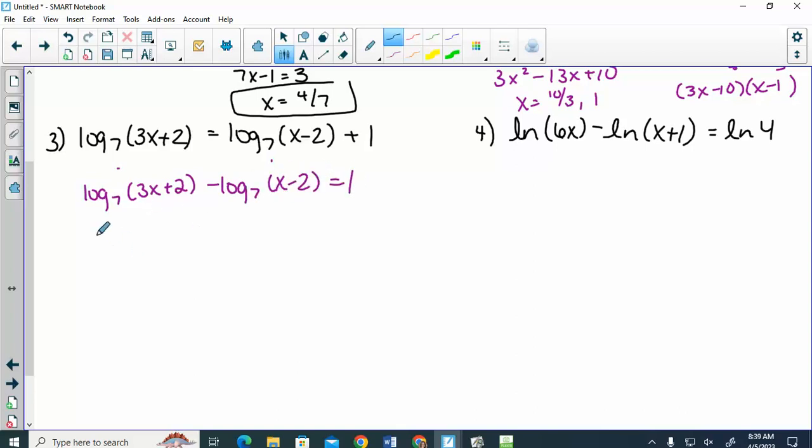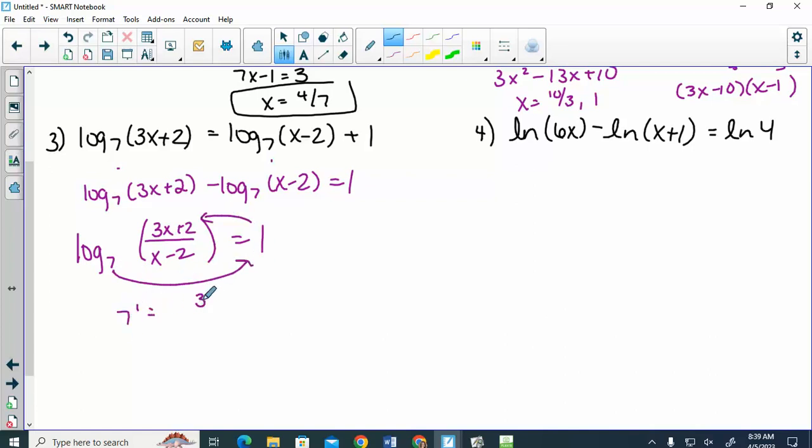If logs are subtracted, how do you combine them? And then if there's only a log on one side, what do we do? 7 to the first equals 3x plus 2 over x minus 2.